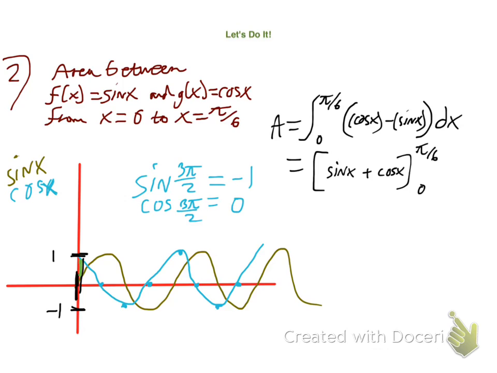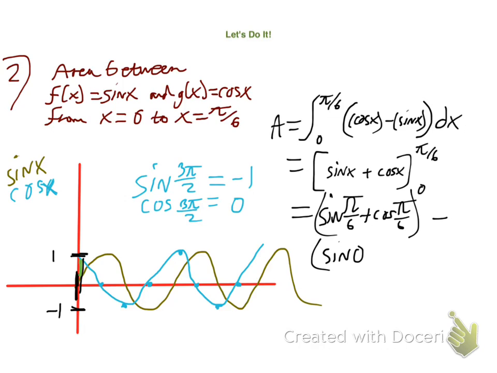And so it's just simple evaluation. Sine of pi over 6 plus cosine of pi over 6, minus sine of 0 plus cosine of 0. And what is that going to simplify to?